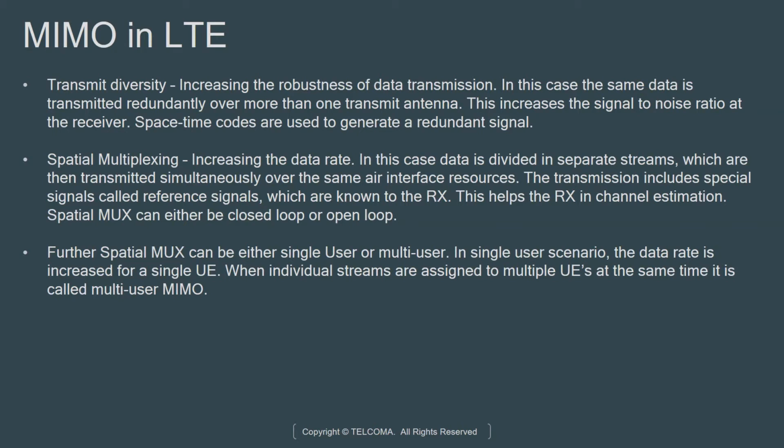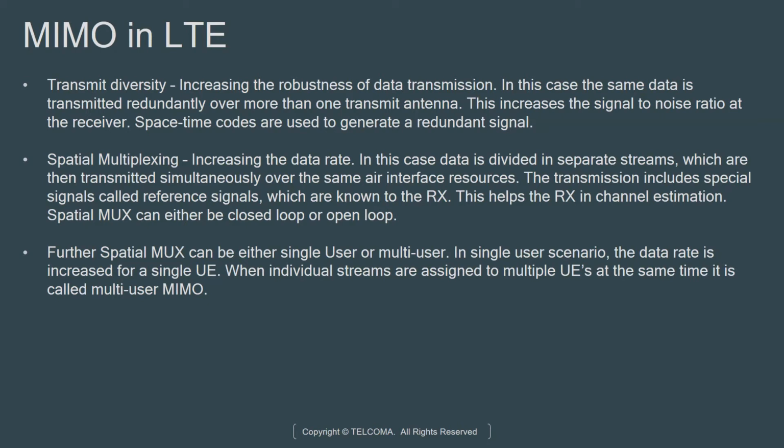This increases the signal to noise ratio at the receiver, and space-time coding is used to generate the redundant signals. This is actually the simplest form of MIMO technique used in LTE, where, say, for cell edge users or users that are experiencing a very low SINR and thus reporting a low CQI.